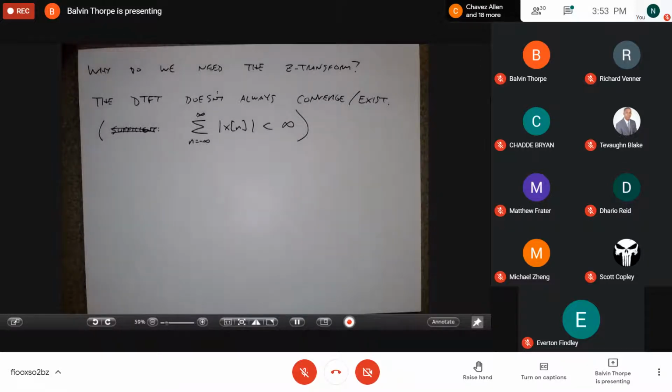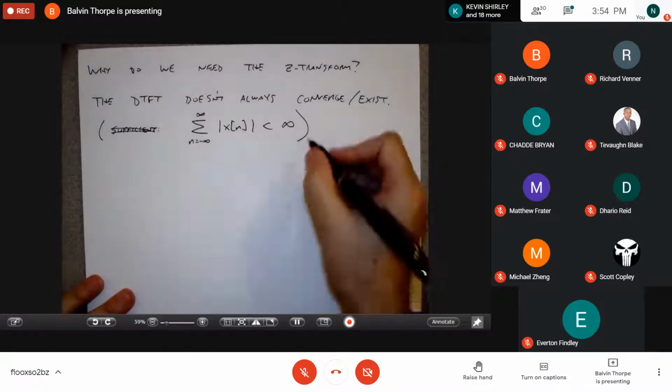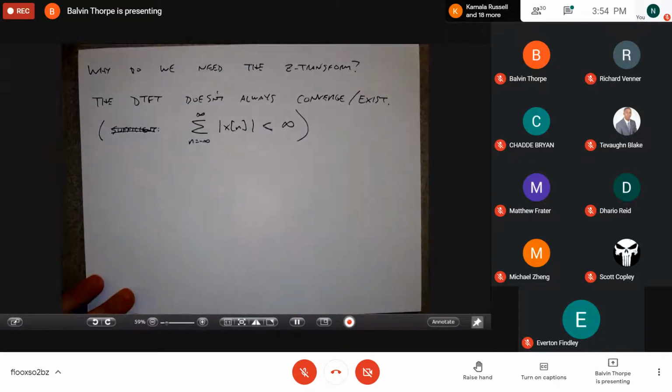By that I mean as I take incremental approximations to the DTFT by increasing n from 0 to infinity, I want my DTFT to converge at every point of the signal to the actual Fourier transform value. I want to avoid these Gibbs phenomenon kinds of issues. And not every signal satisfies this constraint.